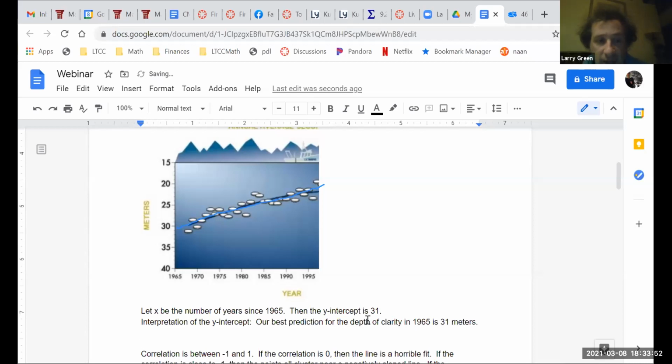Any questions on interpreting the y-intercept? Do you think you're going to be asked to interpret the y-intercept, like on the final exam? What do you think?